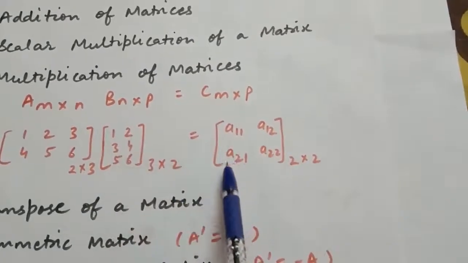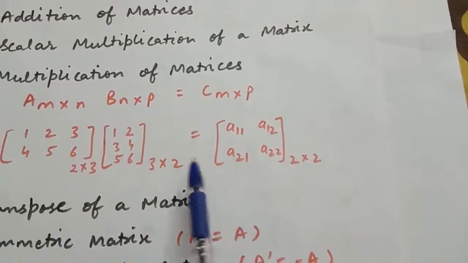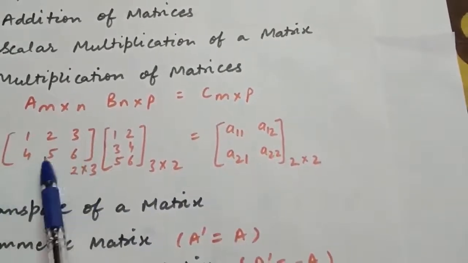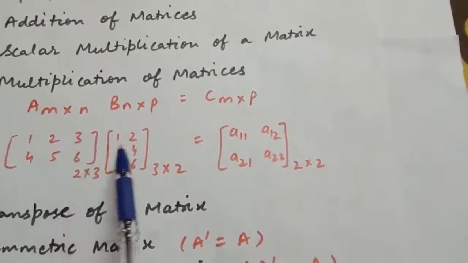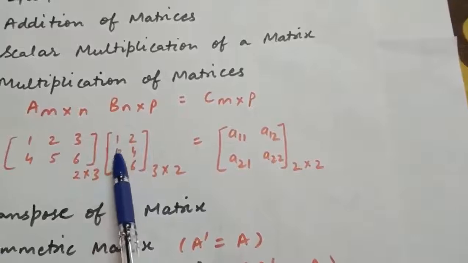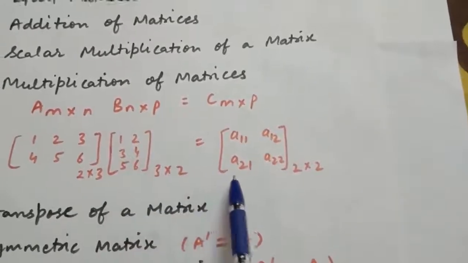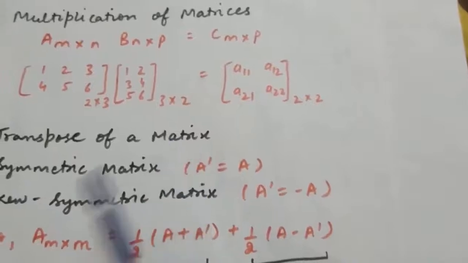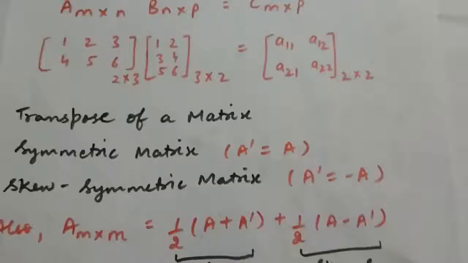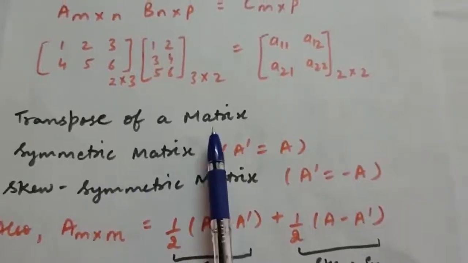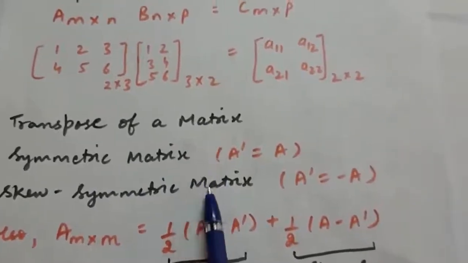To get this A21, multiply the corresponding elements of the second row of the first matrix with the first column of the second matrix, right? Now transpose of a matrix. To find out the transpose of a matrix, interchange the rows and columns of a matrix.